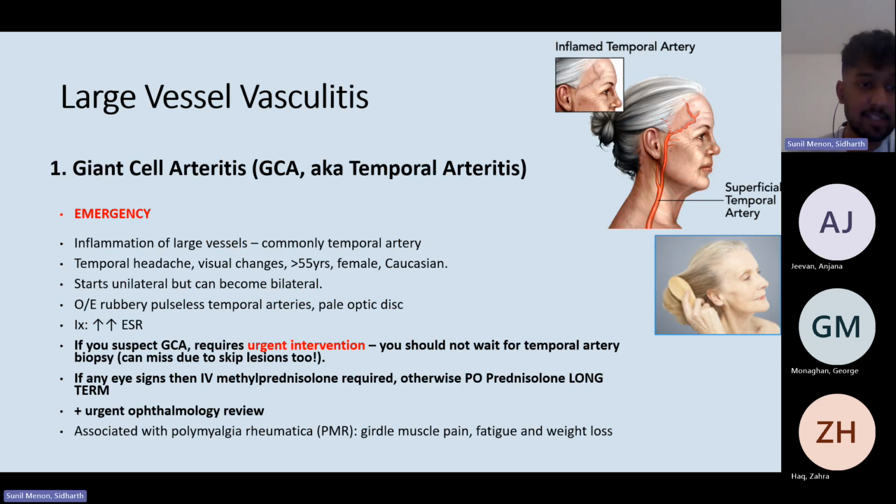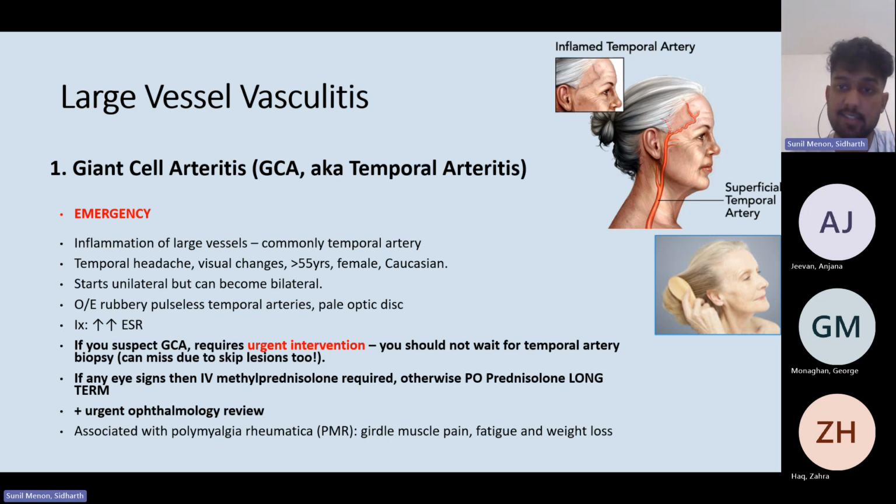So this I've already mentioned quite a bit. Large vessel vasculitis, which overlaps with PMR. It's inflammation of large vessels, commonly the temporal artery. That's why it's also known as temporal arteritis. Temporal headache, visual changes, headache on either side, general fatigue.